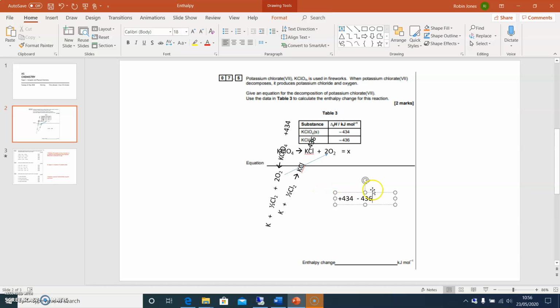So this one equals the other two. X equals this one and this one added together. Plus 434 minus 436 equals x. X equals just minus 2. Minus 2 kilojoules per mole. Done.